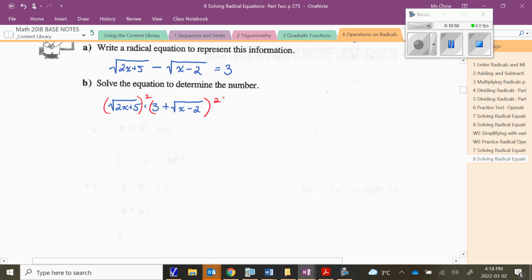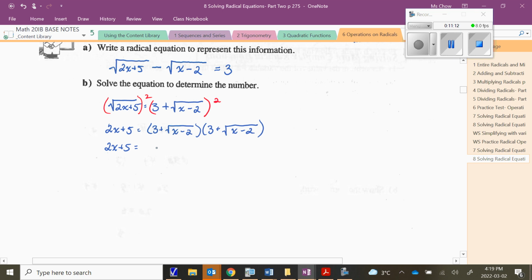And the reminder again is on the left side, we will just have 2x plus 5. On the right side, we'll need to use FOIL, expand, so 3 plus root of x minus 2. And I know several of you would be helped by writing that out so you can see that clearly.